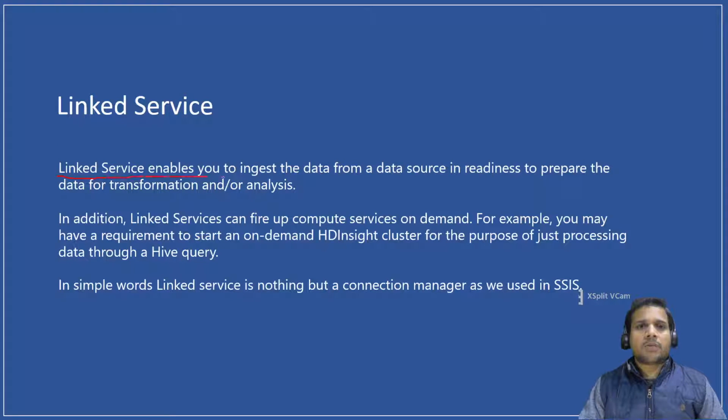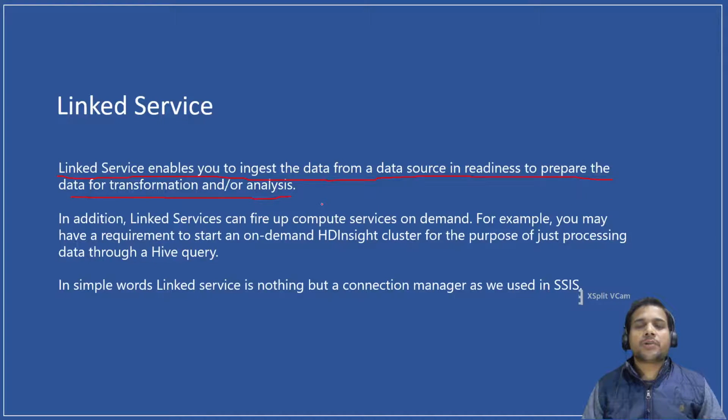This linked service enables you to ingest data from a data source in readiness to prepare the data for transformation and/or analysis. So what happens when you are trying to set up a pipeline? You want to migrate some data from A data source to B data source.